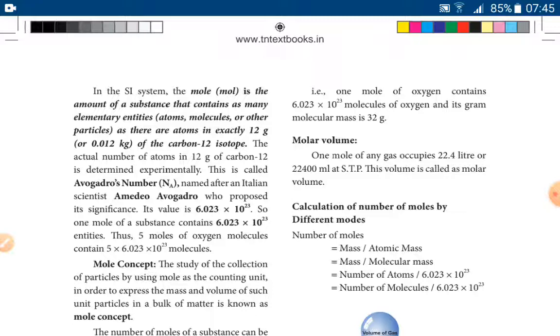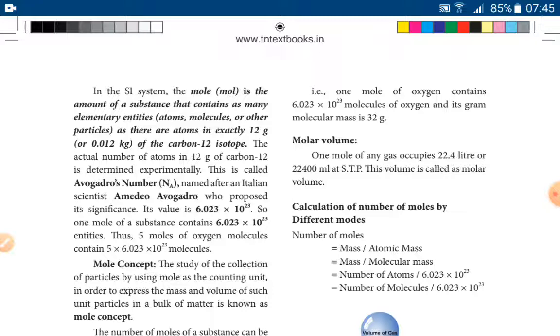Molecule means O2, so 1 oxygen atom is 16 gram, 2 oxygen atoms is 2 into 16, that is 32 gram, in 1 mole of oxygen.